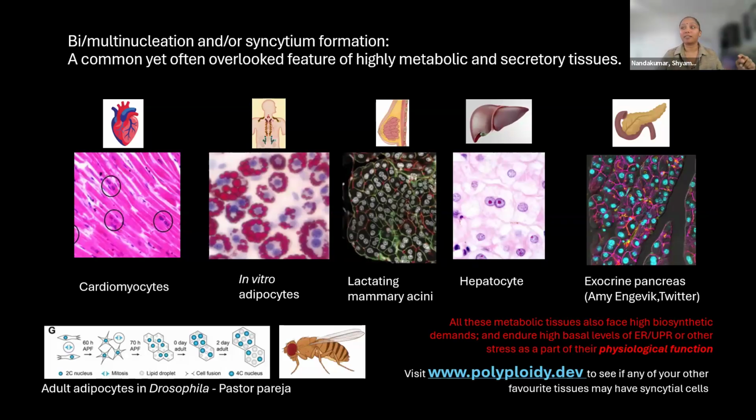Also, with regard to plants, yes, plants do everything better than us. I've always maintained this. They're much smarter than humans and mammals and animals. And one of the ways I think about polyploidy is that having multiple copies of the genome has been shown by multiple groups, both in Drosophila and other species, to be, in addition to high biosynthesis, one of the main reasons for protecting against DNA damage.